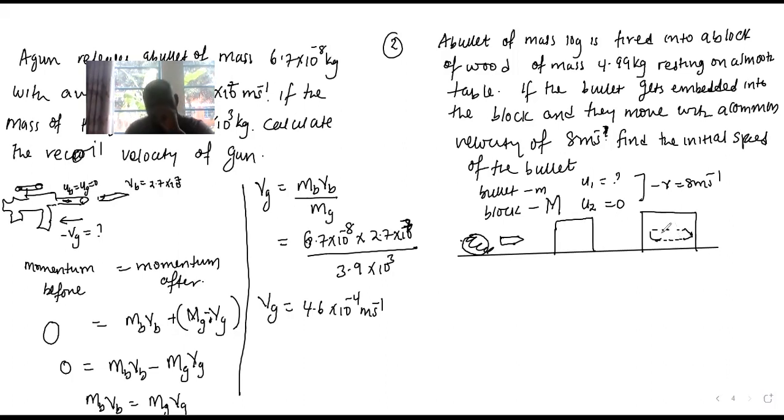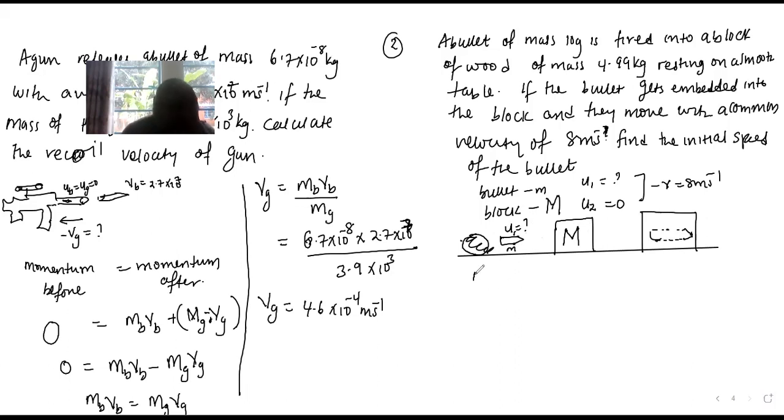The bullet has got embedded inside the block. This block has mass capital M. The bullet has an initial velocity, which we don't know, U1, and a mass small m.